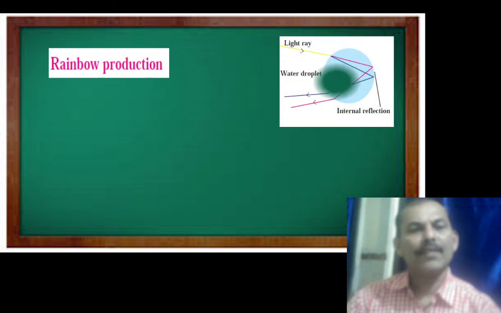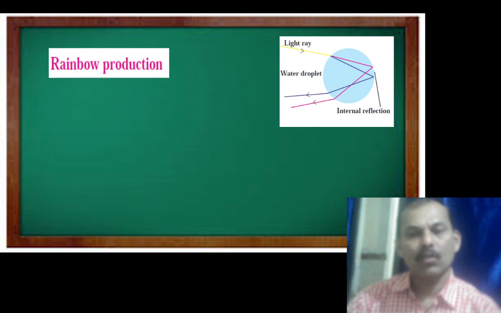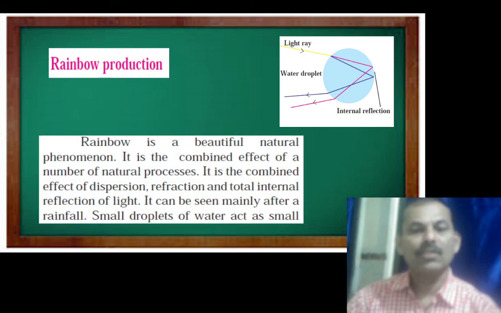Then rainbow formation. Here you will see in this diagram the light ray which passes through this water drop, and while passing into the droplet, there is a refraction and also a reflection. A rainbow is a beautiful natural phenomenon.